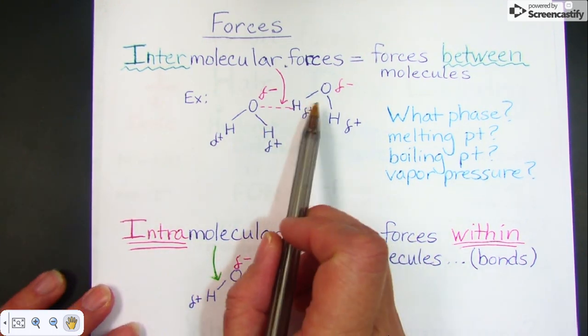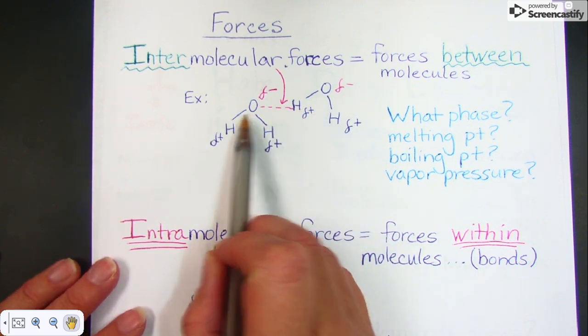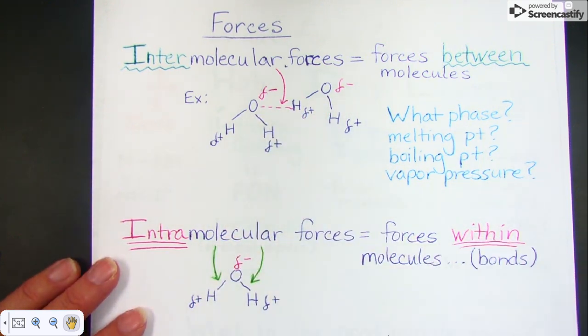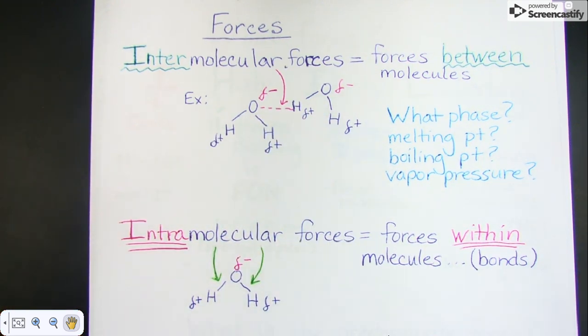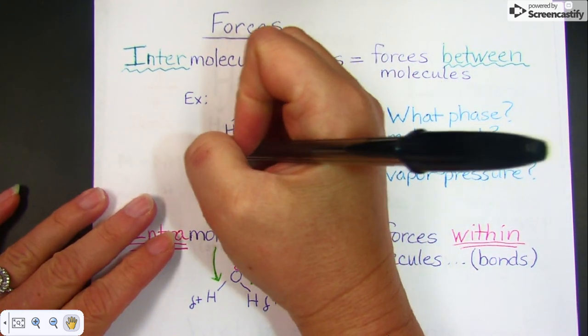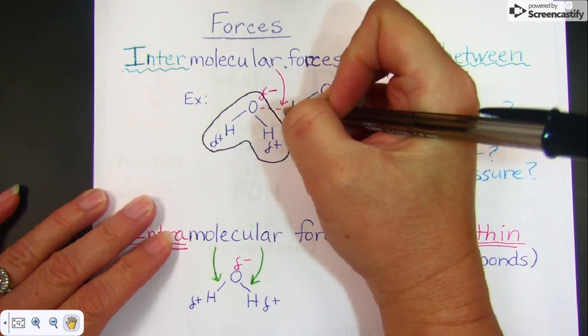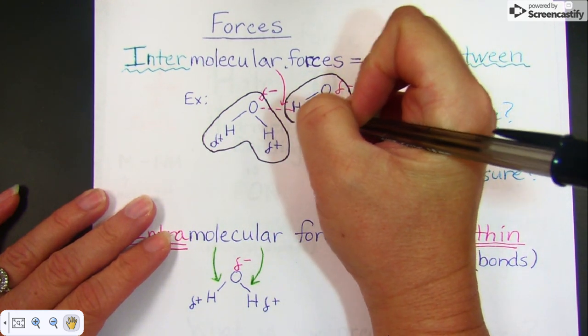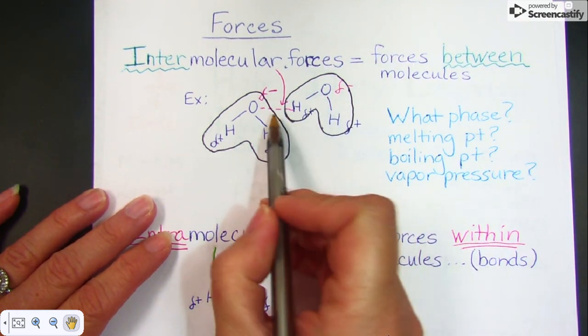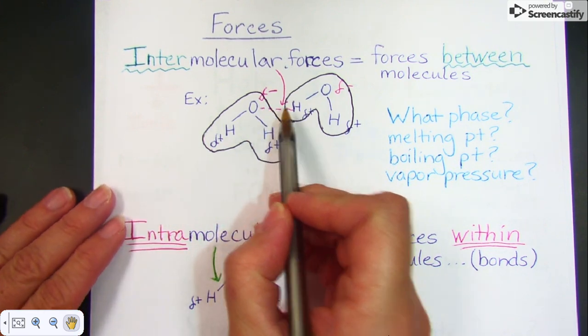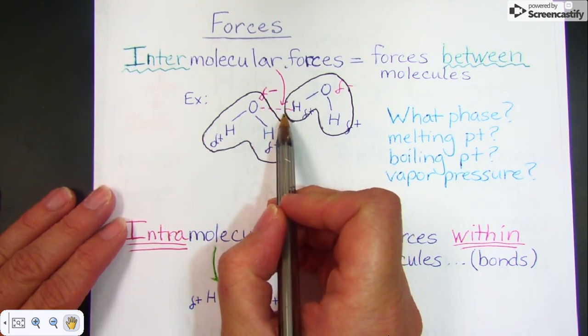The other water molecule then interacts with that water molecule. So we have two separate molecules. And in between this water molecule and this water molecule, we have an interaction, and this is designated by this dotted line. It's called an intermolecular force.